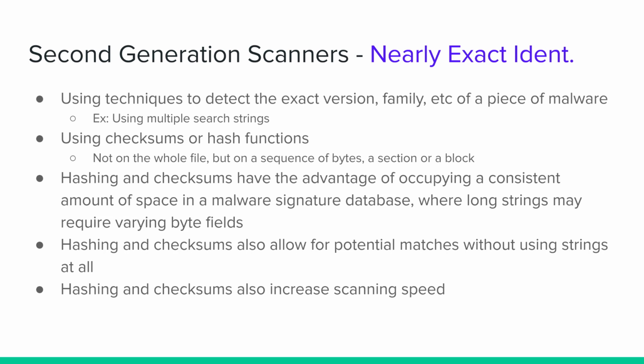So that means the hash database or the anti-malware database can be more efficient, right? It can store signatures that are essentially all the same length, so we get a little bit of a bonus there. We could, in theory, at this point, even move to signatures that don't actually use strings at all. It's just a collection of hashes and checksums at different locations within the file, and that may help us to increase the speed of our scanning a little bit.